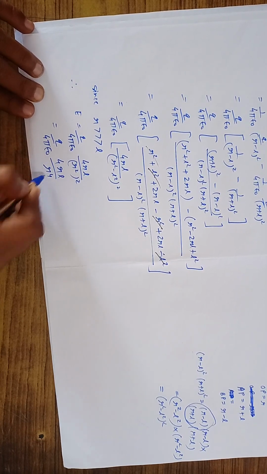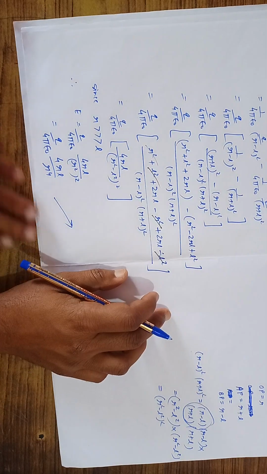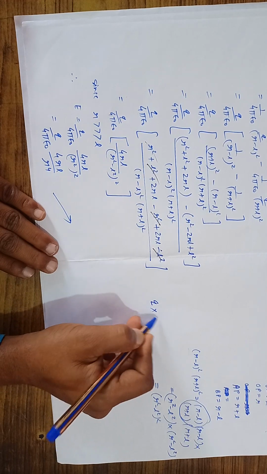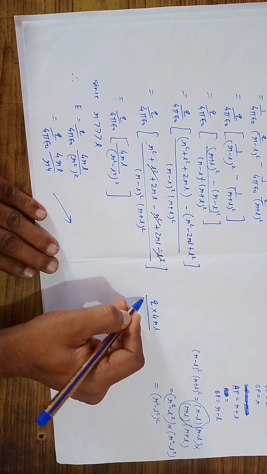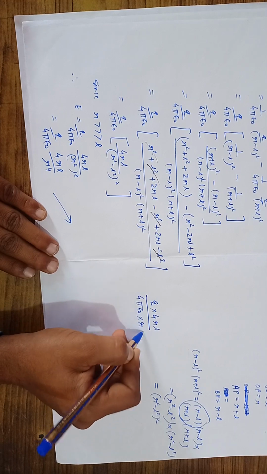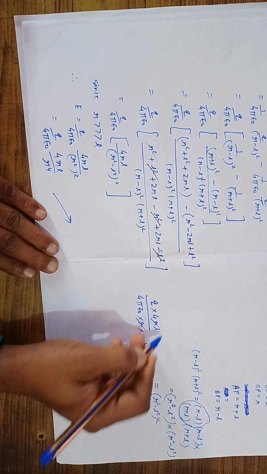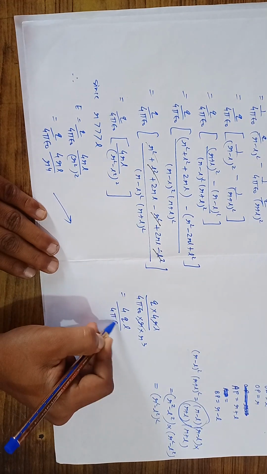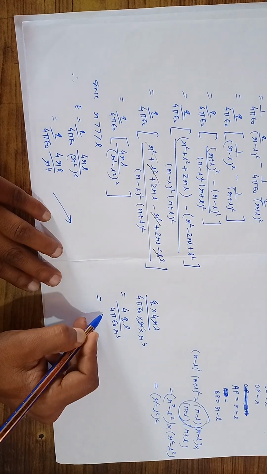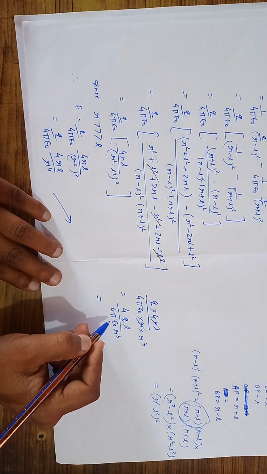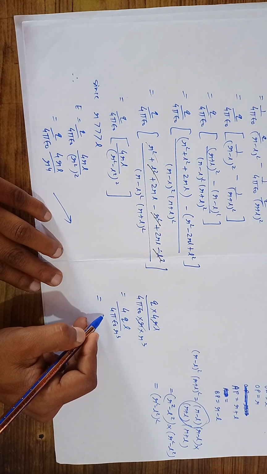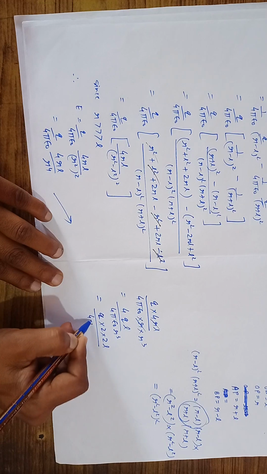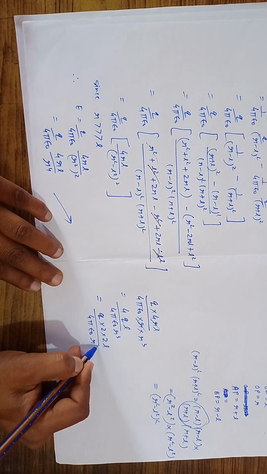It will become q by 4 pi epsilon naught, 4rl by r to the power 4. Now this r and r will cancel. We can write 4ql by 4 pi epsilon naught r cube. We can write q into 2 into 2l by 4 pi epsilon naught r cube.